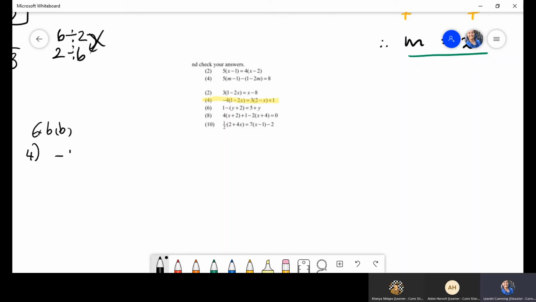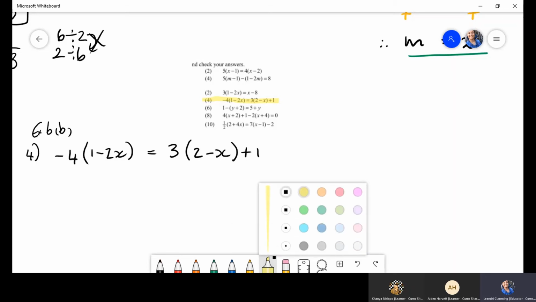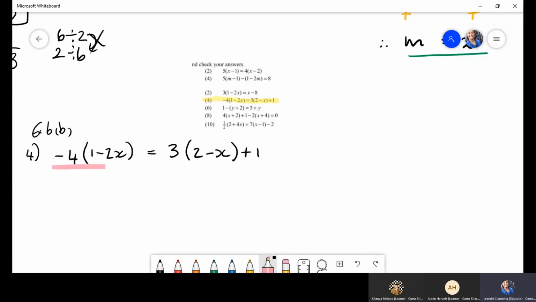Right, we've got a negative 4, bracket 1 minus 2x, close your bracket, equals 3, open bracket 2 minus x, close bracket, plus 1. Okay, once again, we've got that distributive law that's playing a huge role here, but we must watch out for whatever we have in front of the bracket. So I have a negative 4 times 1, negative 4.